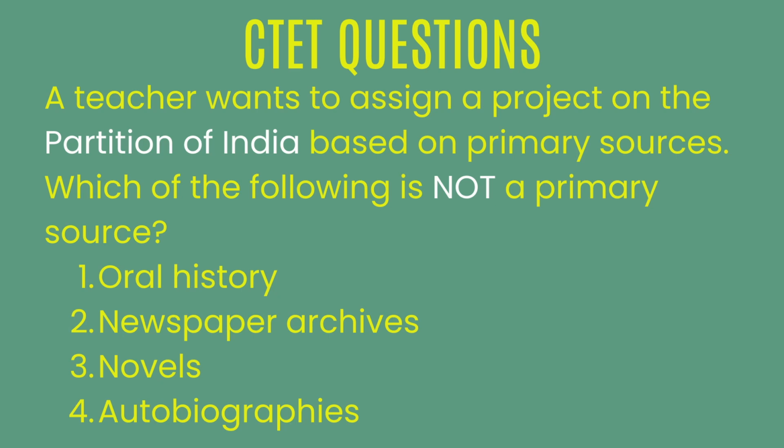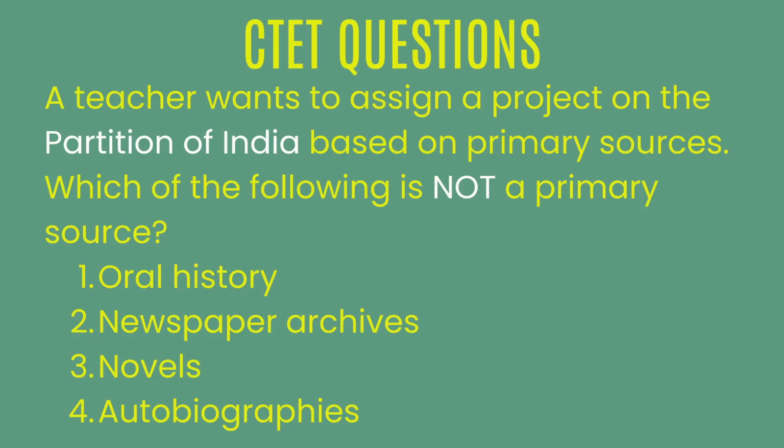A teacher wants to assign a project on the partition of India based on primary sources. Which of the following is not a primary source? So in this you have to say which is not a primary source. We have oral history, newspaper archives, novels, and autobiographies. So the answer is novels, because oral history, if somebody is really talking about how partition took place, that would be primary.